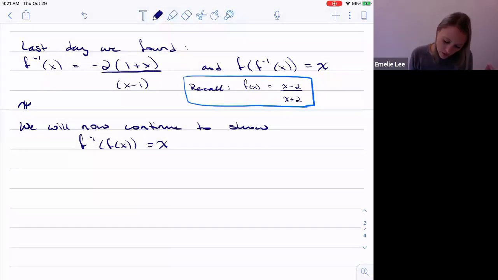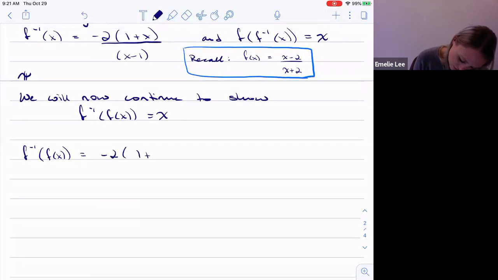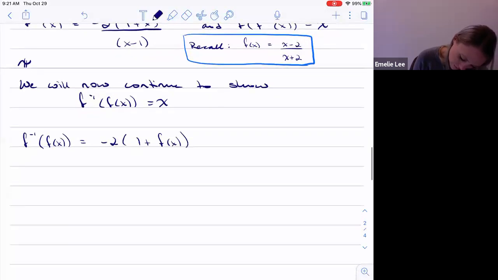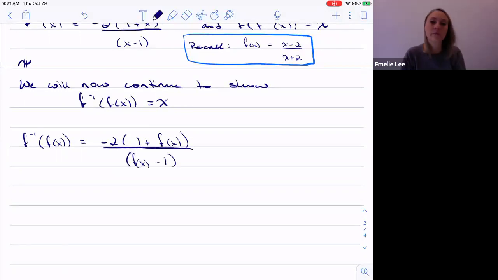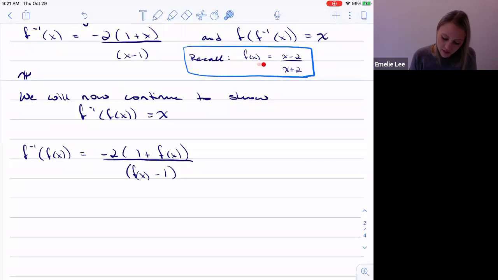All right, so the inverse composed with the function, well, wherever I see an x, I'm going to replace it with f of x. And so what I'm going to have is the f inverse of f of x is going to be -2 times 1 plus f of x all over f of x minus 1. So now I need to squeeze in f of x is x minus 2 over x plus 2.